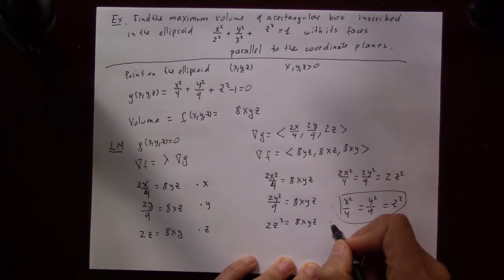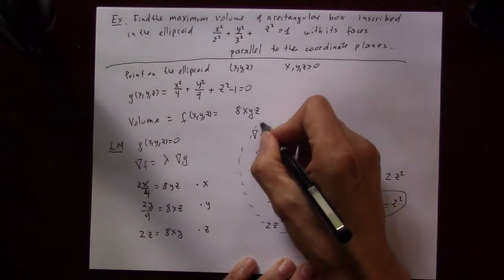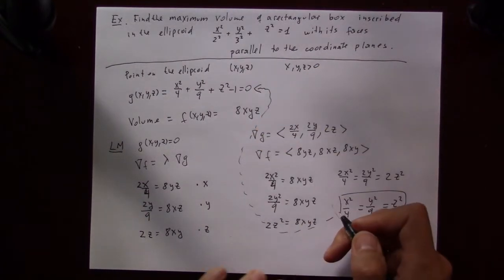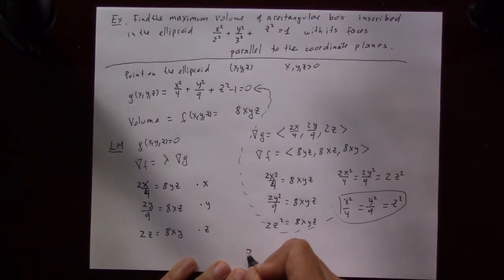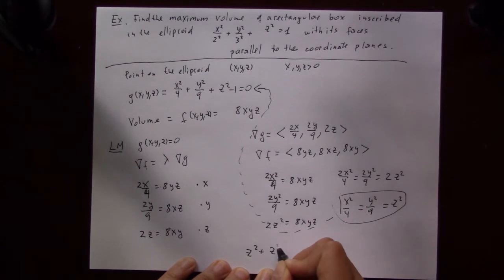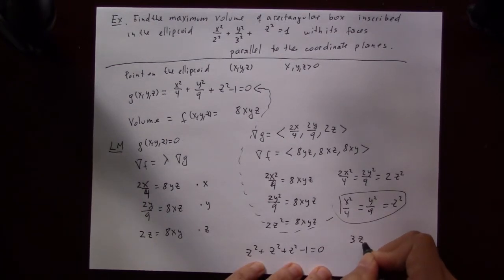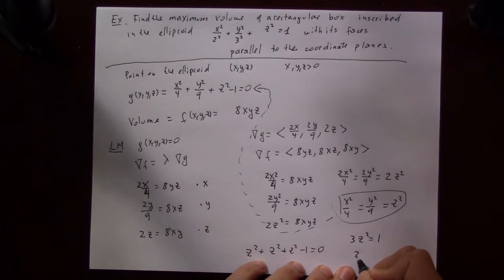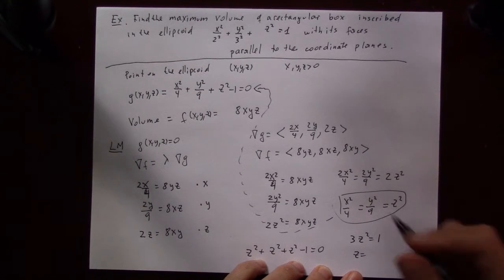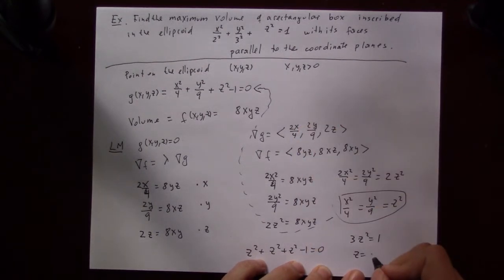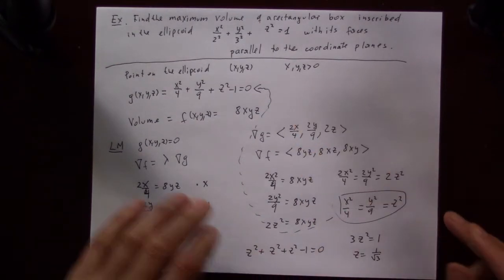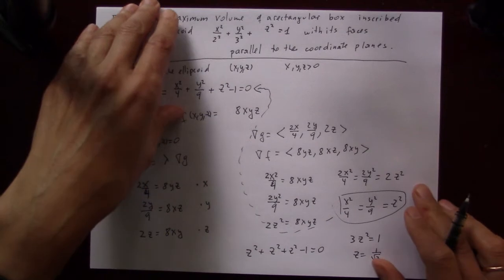So we'll take that and substitute it into our constraint. We're going to get z squared plus z squared plus z squared minus 1 equals 0. So 3z squared equals 1. So z equals plus or minus, but because z is positive, it's plus 1 over square root of 3.